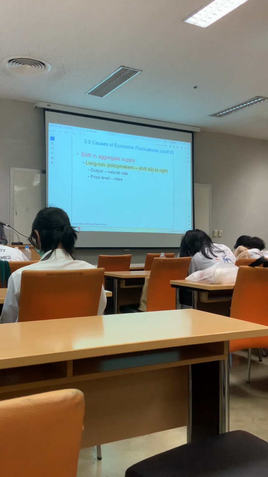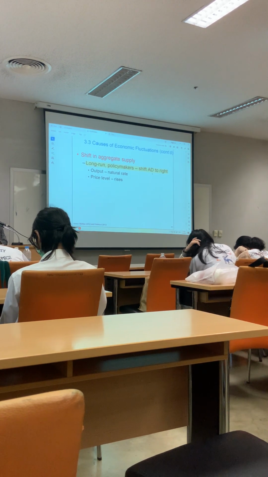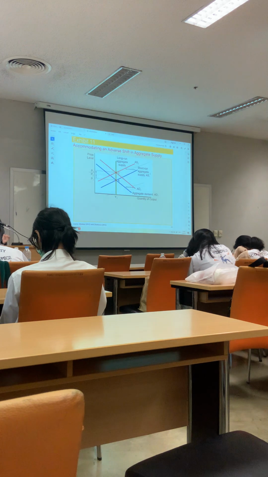For example, the government will increase government projects or reduce taxes in order to make the AD curve shift rightward. It can close the gap, if you see this picture.